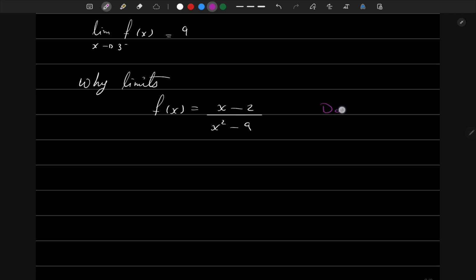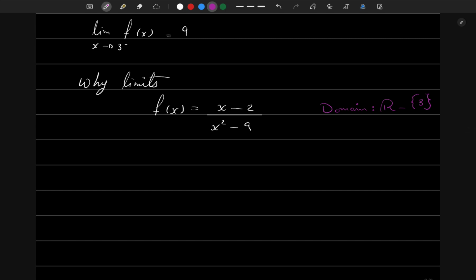The domain for this function is all real numbers except 3, because if I use 3 in this function, I'm going to get 0 in the denominator. So I cannot find the value of this function at 3.